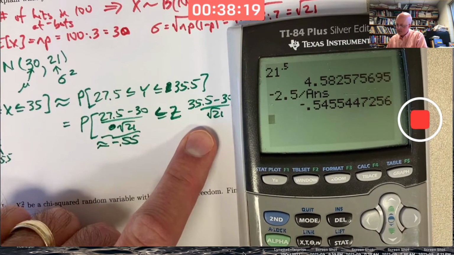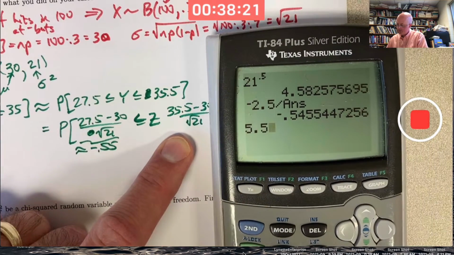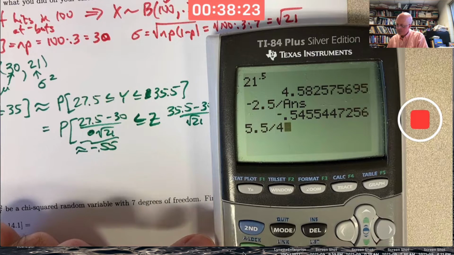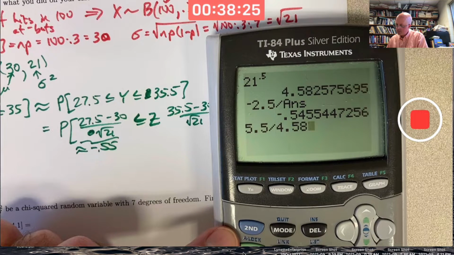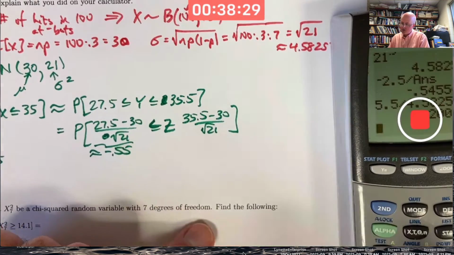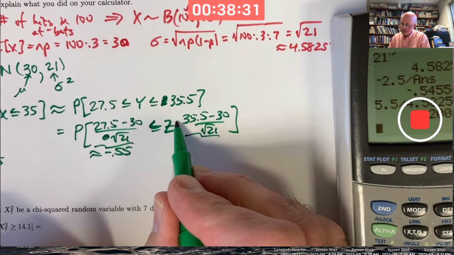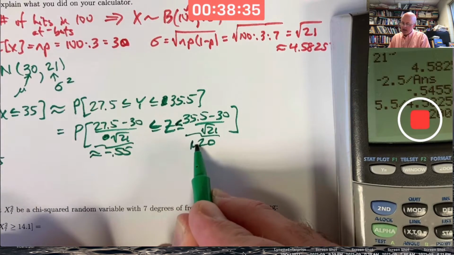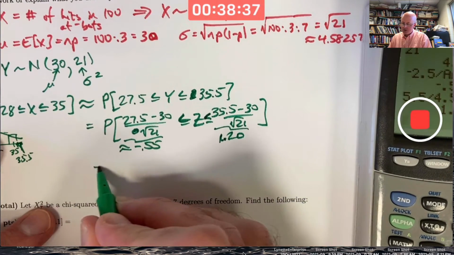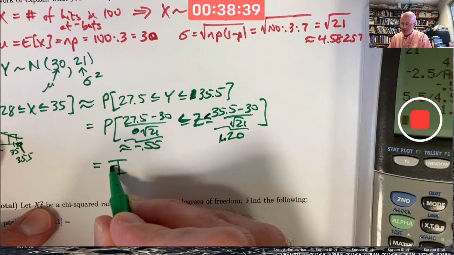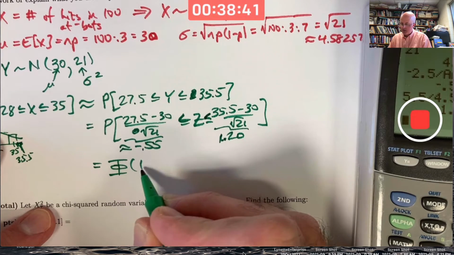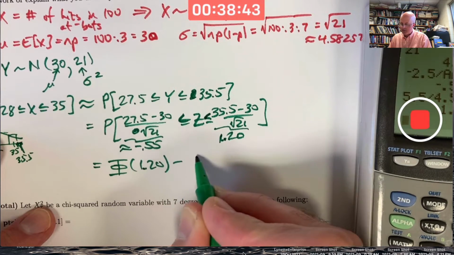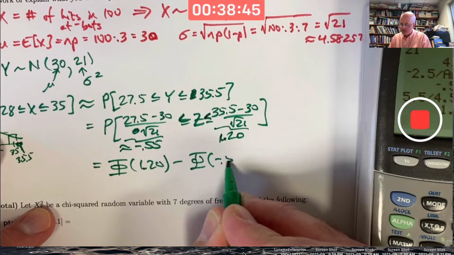And this one, 5.5 divided by the square root of 21, approximates to about 1.2. There should have been a less than or equal to here. And ultimately, for the standard normal distribution, whose CDF is commonly called capital phi, you get capital phi of 1.20 minus capital phi of negative 0.55 for the answer.